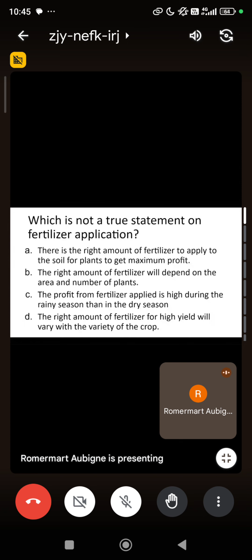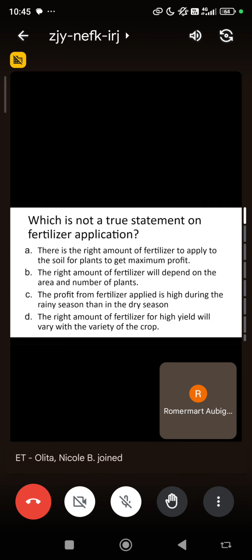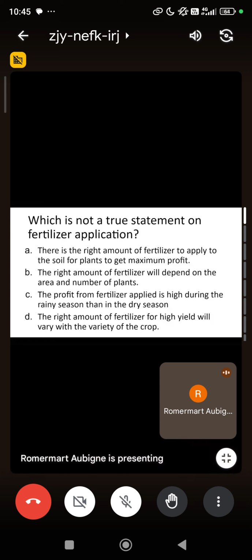Letter C. The profit from fertilizer applied is high during the rainy season than in dry season. Letter D. The right amount of fertilizer for high yield will vary with the variety of crop. So which is not a true statement?